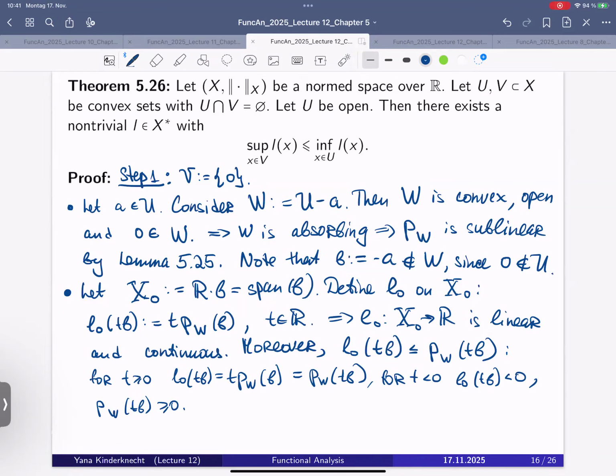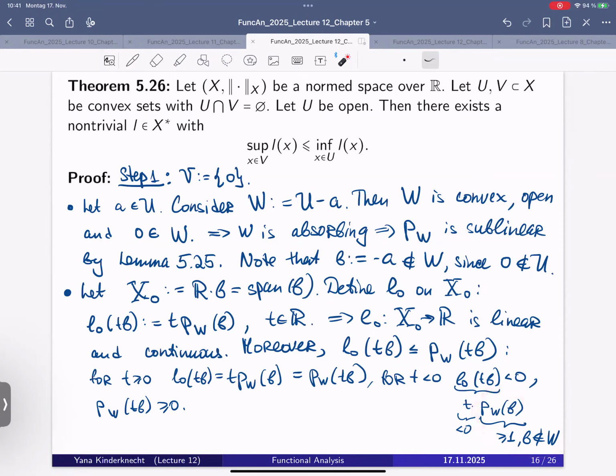Why this? Because this is T times p_W of B. Since this is bigger or equal to 1 since B does not belong to W, and T is smaller than 0. And this is from the lemma.